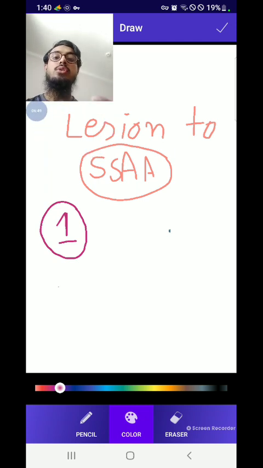So the first test: the patient is in front of you, and the patient's eyes must be closed. You give some object to the patient, and the patient with closed eyes can identify the object. If they identify the object, then it's normal.